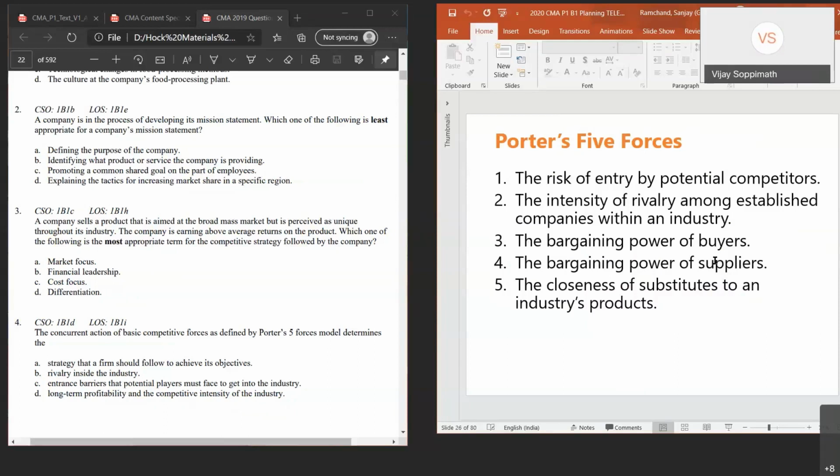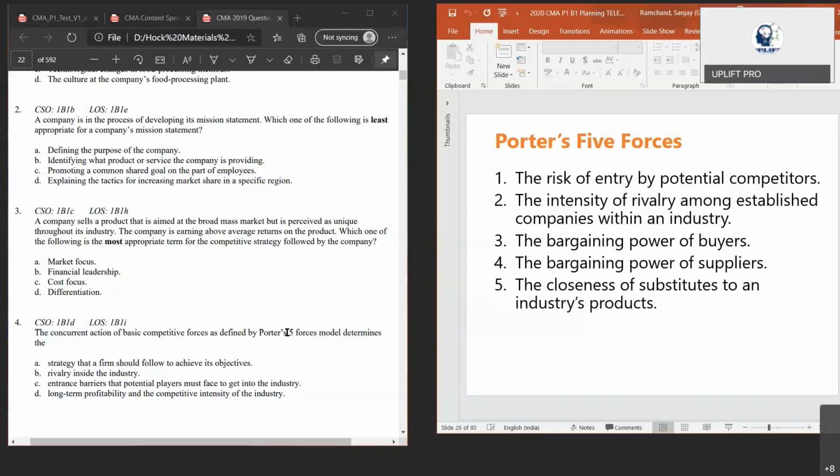So if you look at it, strategies the firm should follow to achieve its objectives cannot be the answer. Rivalry inside the industry is competition, but the question is asking you about the concurrent action of basic competitive forces as defined by Porter's 5 forces. So rivalry is one of the forces.